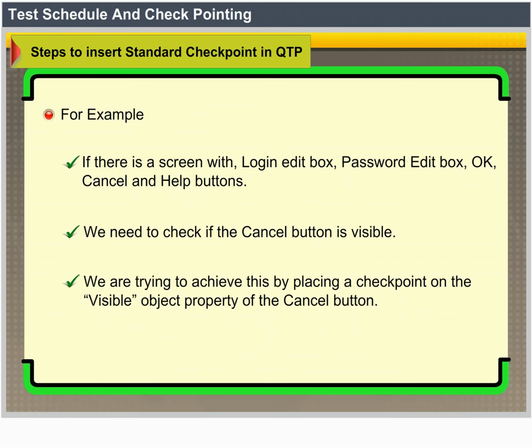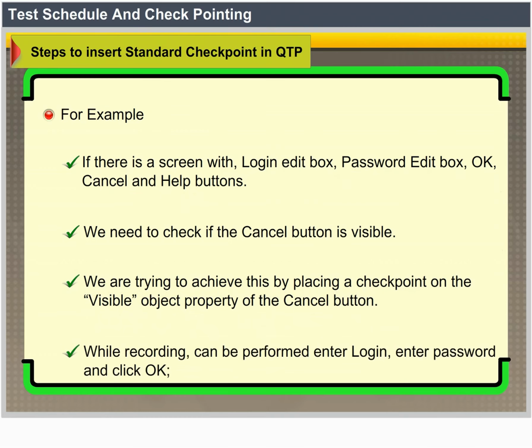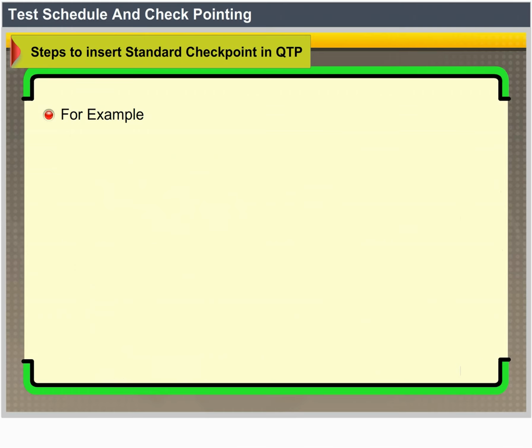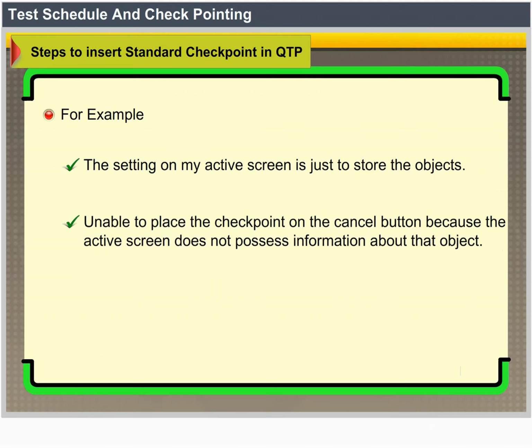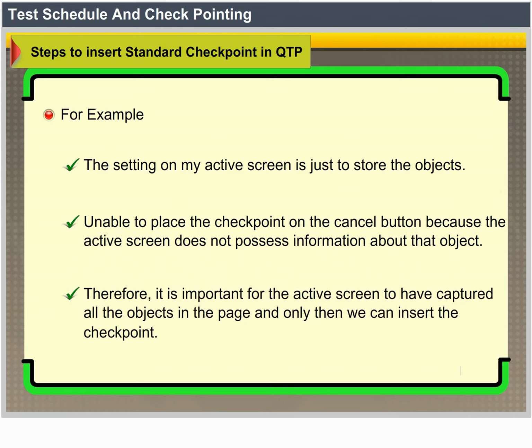While recording, we can perform login, enter the password and click OK, and the active screen just stores the objects. We would not be able to place a checkpoint on the Cancel button if the active screen does not possess information about that object. Therefore, it is important for the active screen to have captured all the objects in the page, and only then can we insert the checkpoint.